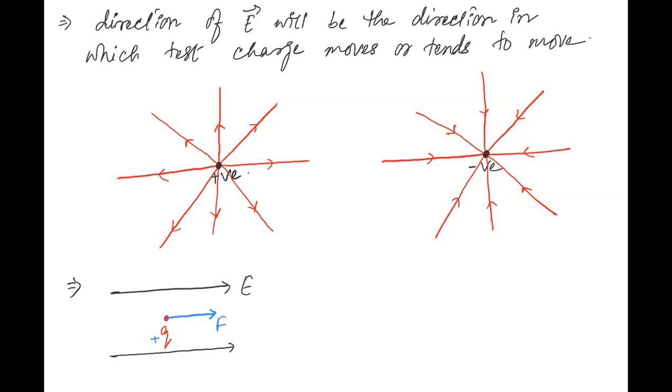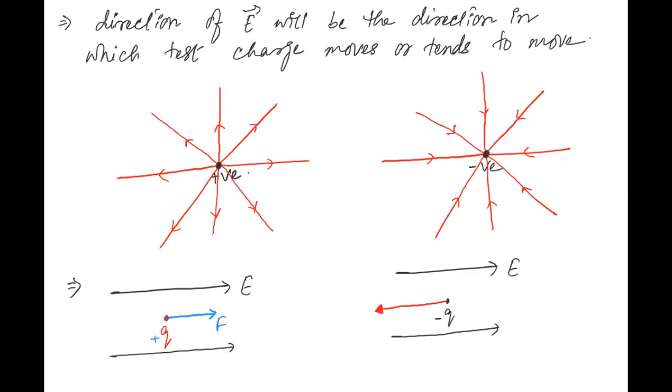Means on a positive charge, force acts in the direction of the electric field. Whereas if you take a negative charge and place it in the same electric field, again it will experience a force, but the direction of force in this case will be opposite to the direction of the field.